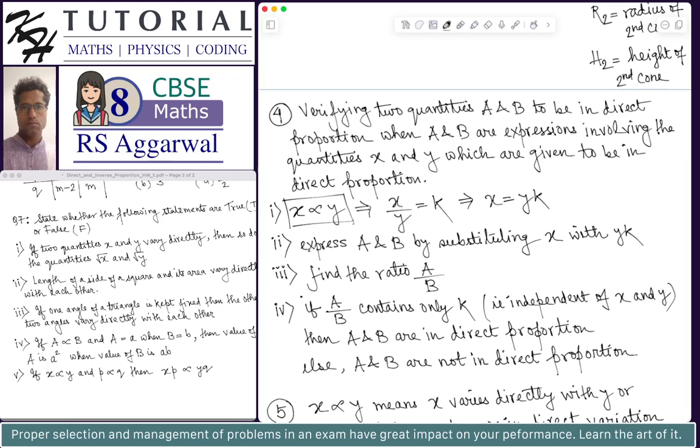Now, since both the quantities A and B are expressions of X and Y, we will simplify both A and B by substituting X as YK.